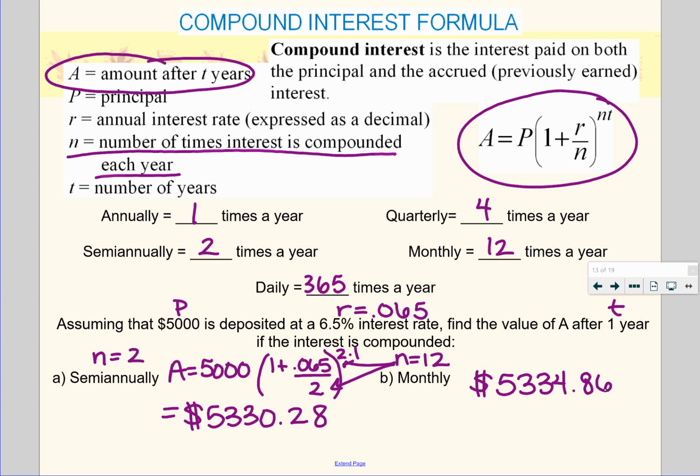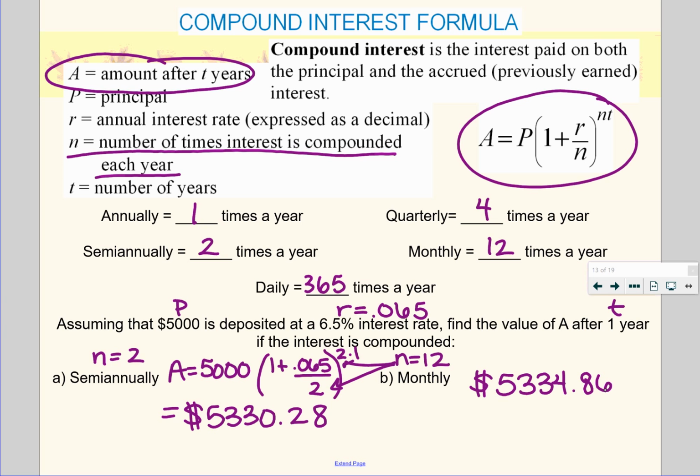Okay. Everybody getting that okay in their calculator? Did you guys try it? Okay, so that's simple interest and compound interest. Any questions on compound interest using that formula? These are going to be pretty straightforward. Just find your variables, plug them in.